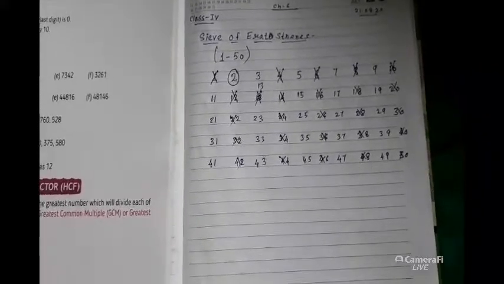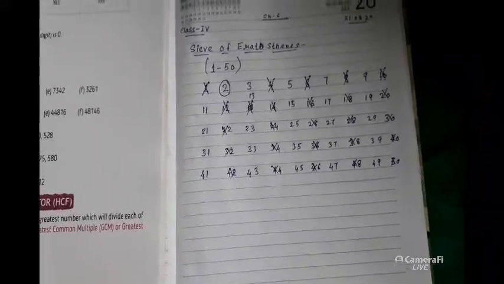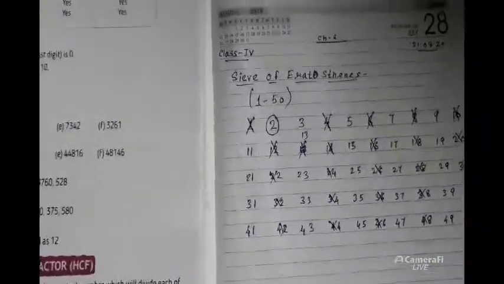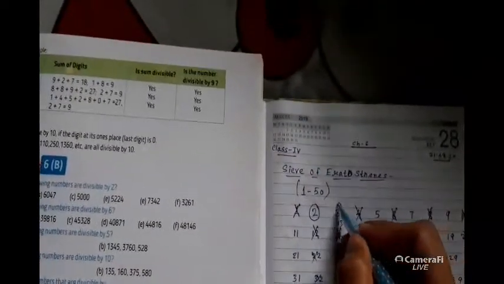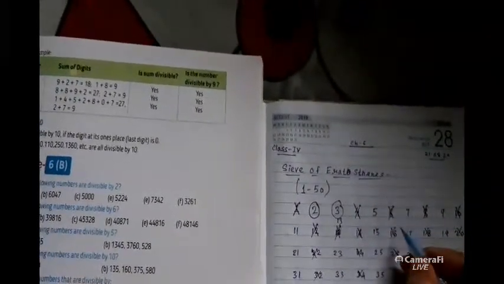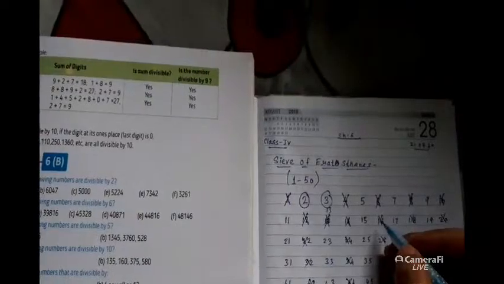Now third, encircle 3 and cross out all the numbers divisible by 3. So first we encircle 3 and then cross out all the numbers that are divisible by 3.